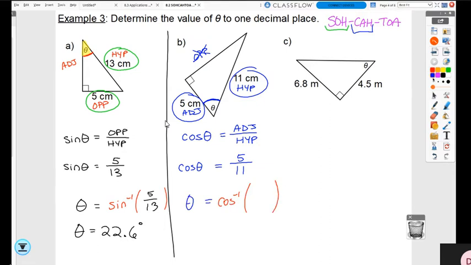Cos inverse of 5 over 11. 5 divided by 11. And I got 62.96, which would round to 63 degrees if we're rounding to one decimal. 63.0.